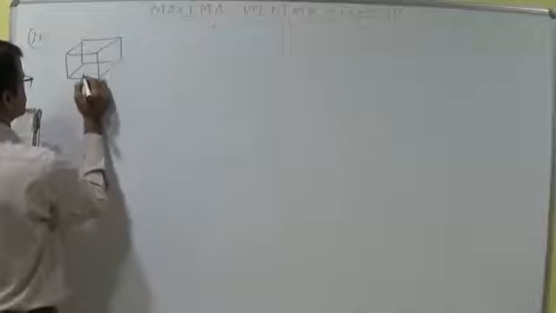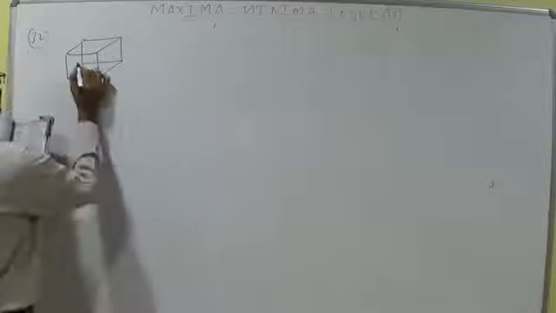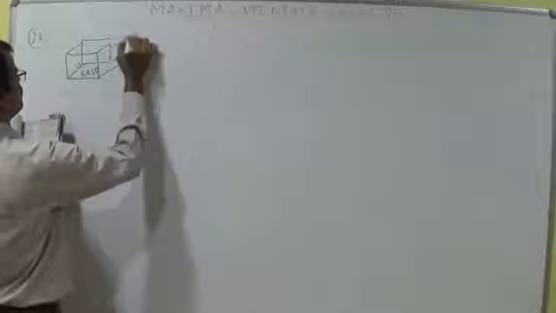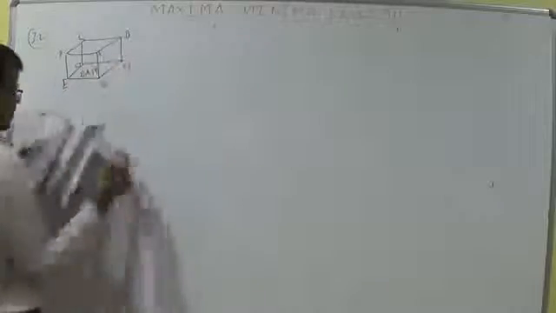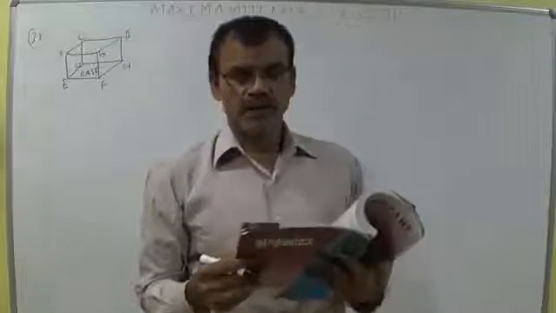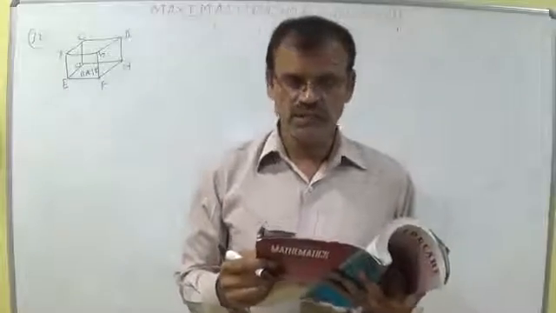So this is base. Let us write the names O, A, B, C, D, E, F, G. An open tank is constructed with a square base and vertical sides to hold a given capacity of water.